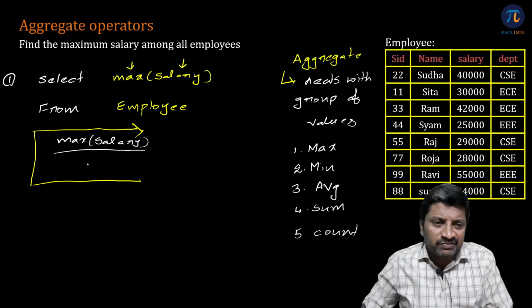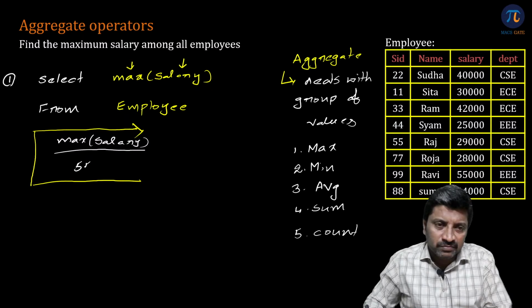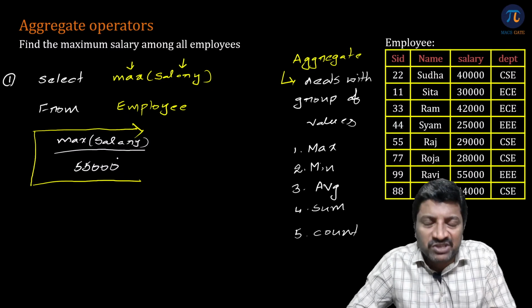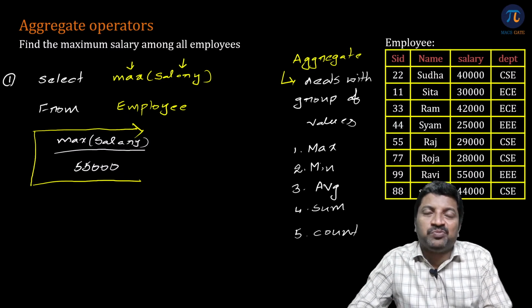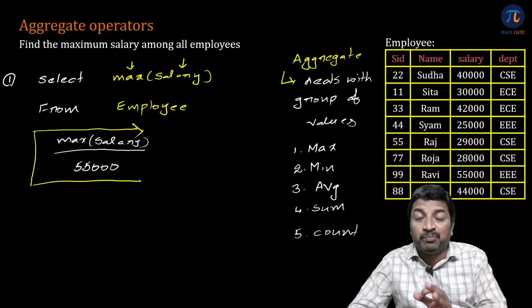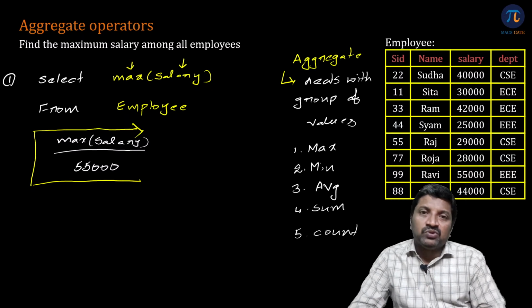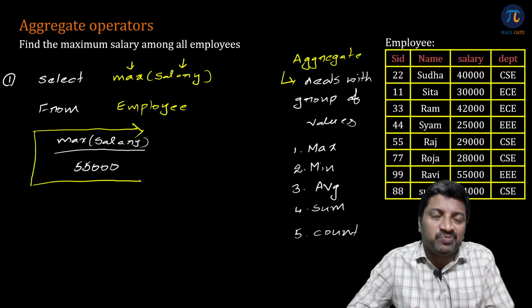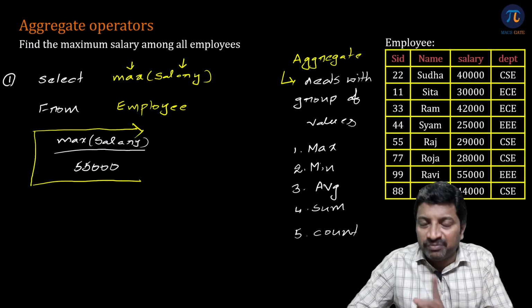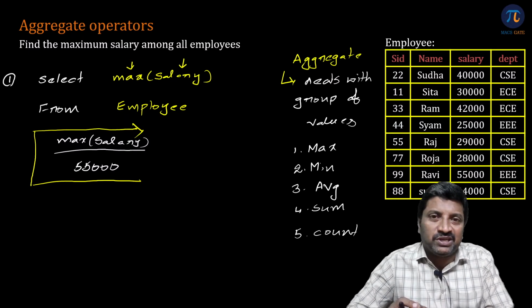I think it is 55,000. Please observe it. It gave the number which is the maximum of the salaries, but it has not given the details of the employee who is getting the maximum salary, because that is not our question. We just want to know the number which is maximum.